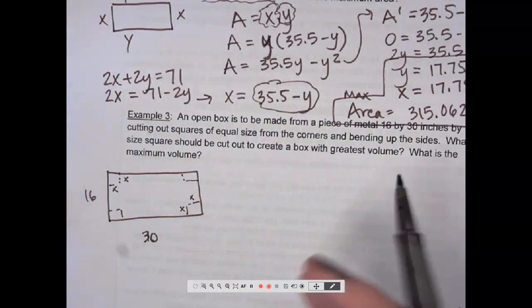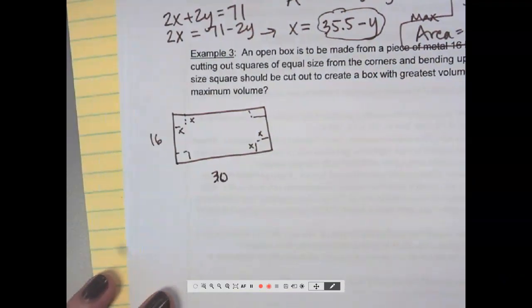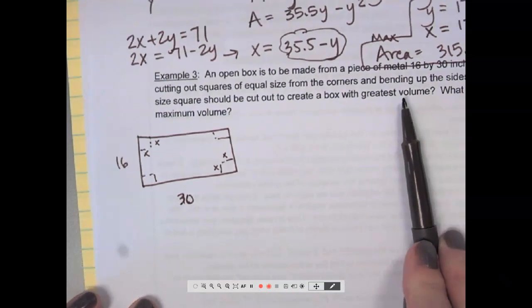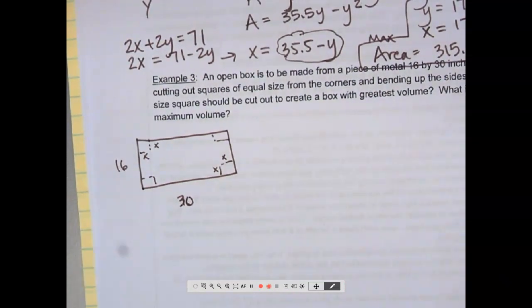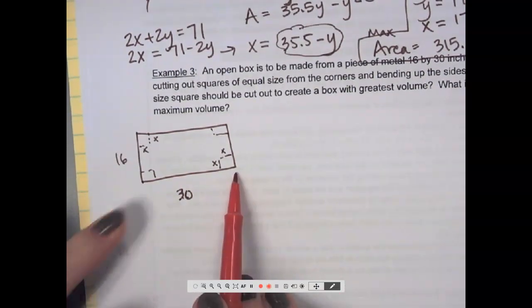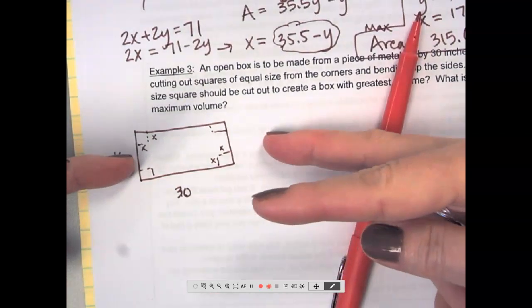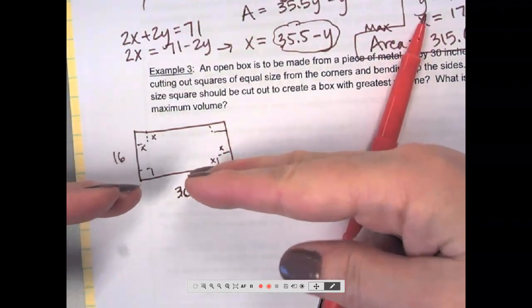Okay, so here's my picture. How do I find what I want to maximize? I want to maximize the volume. How do I find volume? Length times width times height. Okay, length, width, height. So 16 times 30. Well, wait, hang on. This was 30 to begin with. But what did I do? Subtracted x. I cut x out of both sides. So minus 2x.